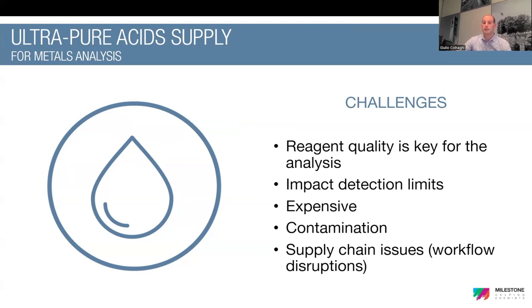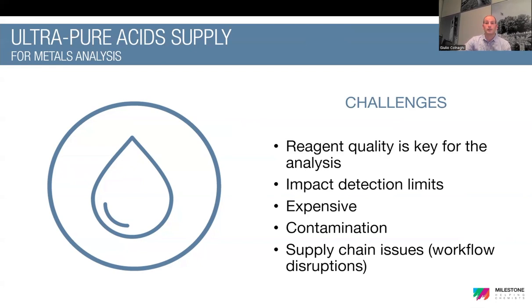It is also an expensive reagent and an expensive part of the process. And when you think about the routine of an environmental contract lab, it can also be contaminated during the different handling of the bottle. And if we are not able to get the acid due to some supply chain issue, we also face workflow disruption.